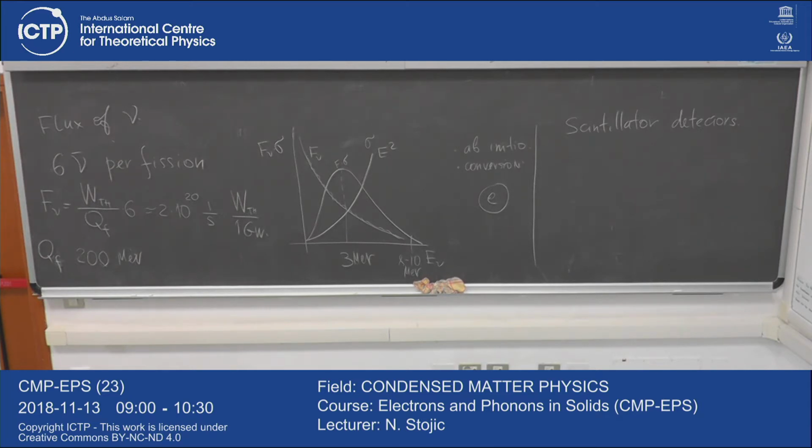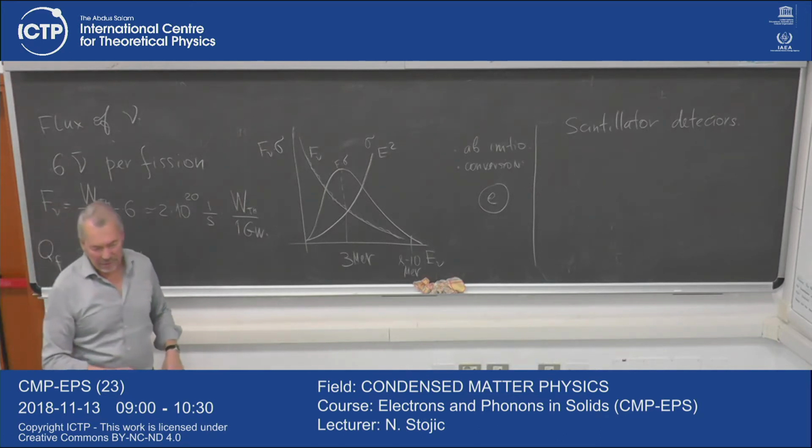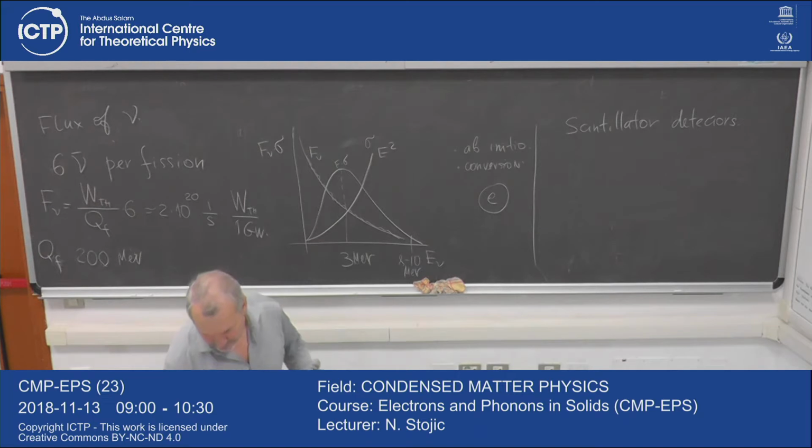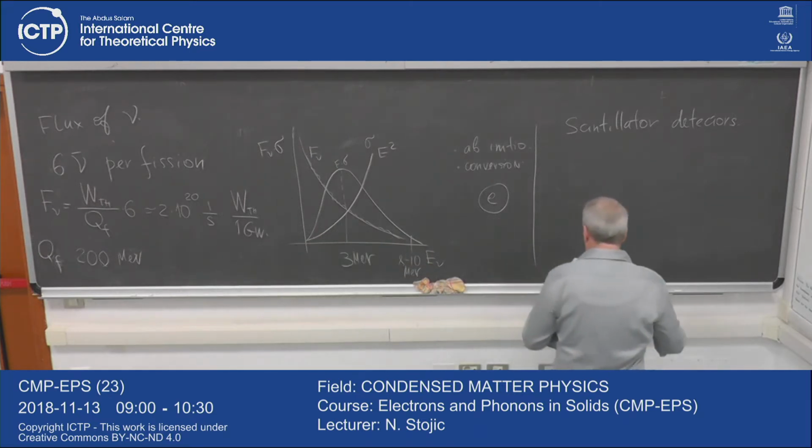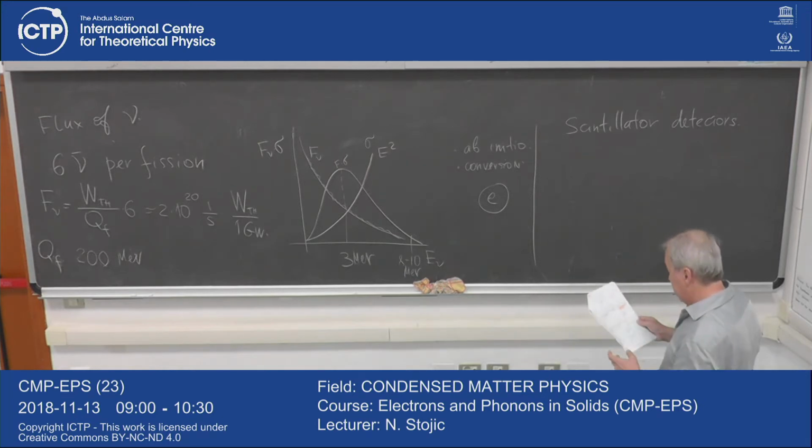And for this, I'm also discussing these detection methods and how we see neutrinos, how we are getting information about elementary particles, in this case about neutrinos. And during my course, I will again discuss various methods of detection of particles. So what are these scintillator detectors?